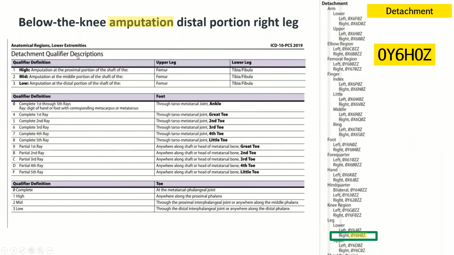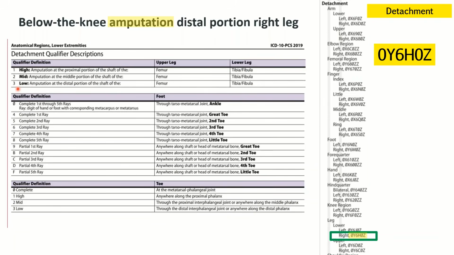So the detachment qualifier, this is the 7th character descriptions. A high is amputation at the proximal portion of the shaft of the tibia or fibula. A mid is amputation at the middle portion of the shaft of the tibia or fibula, and low is amputation at the distal portion of the shaft of the tibia or fibula.